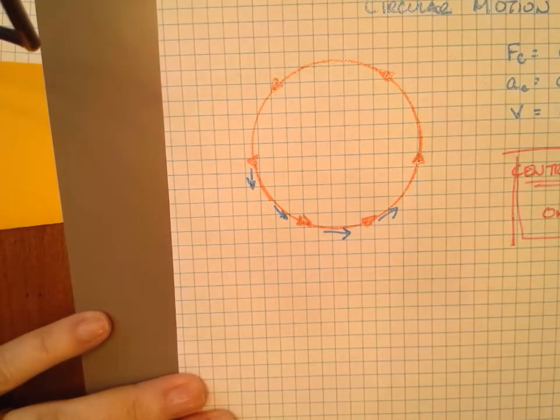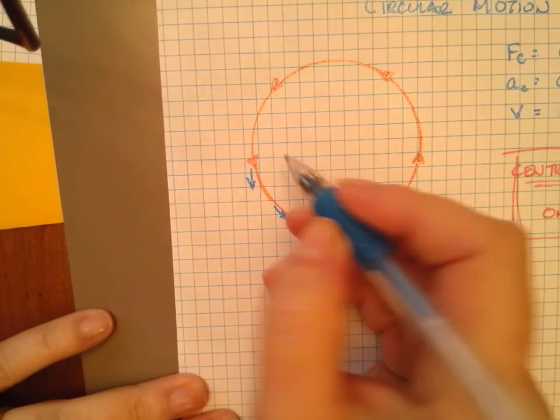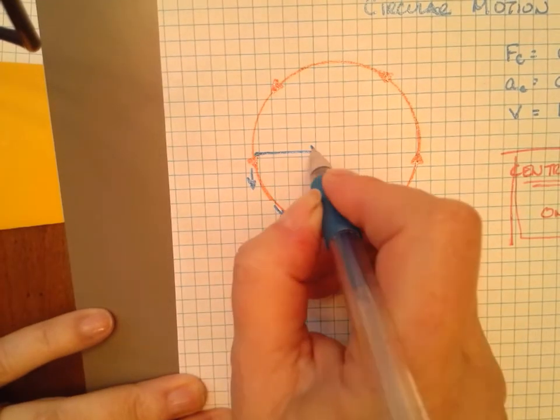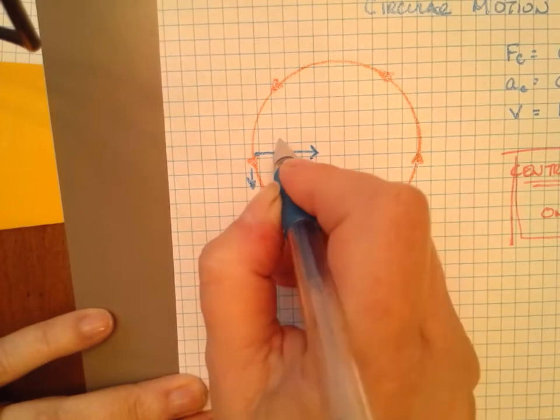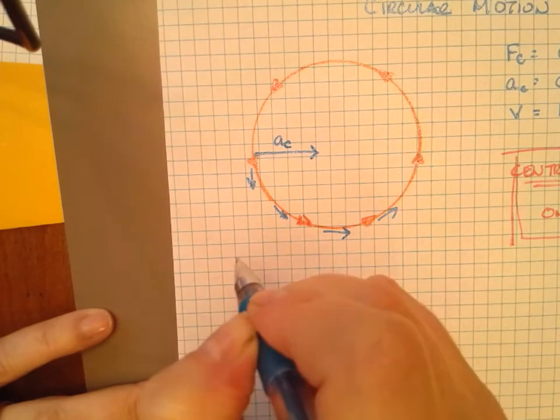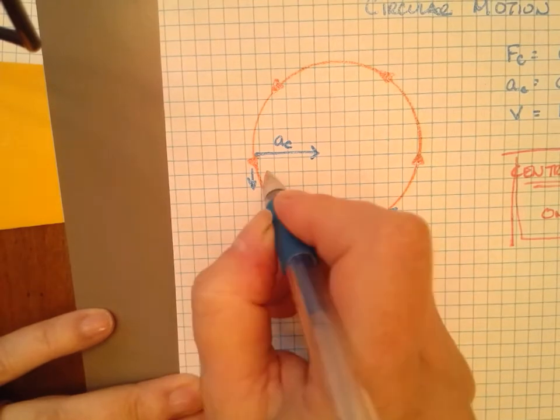Because the velocity is changing, you know that we have an acceleration. And it is centripetal.